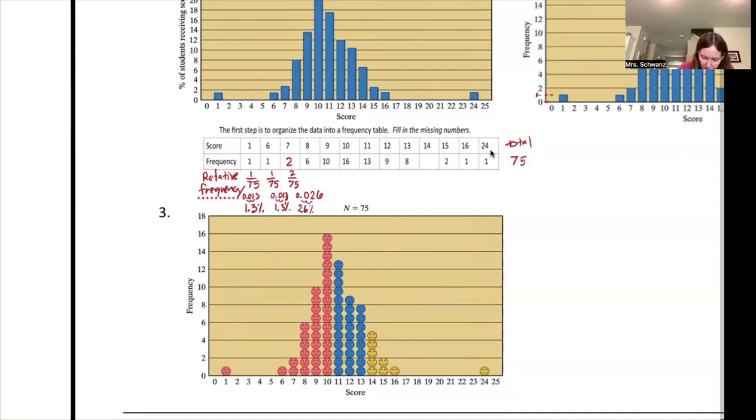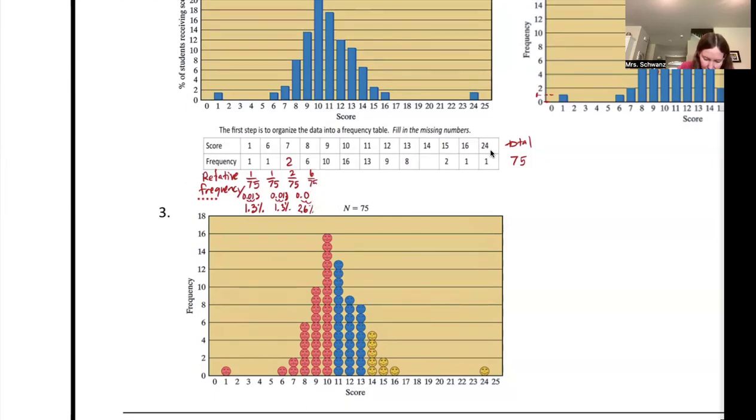Okay, and I can continue doing this. For people who scored 8, that was 6 people out of a total of 75 people. I already put 2.6 for that one.